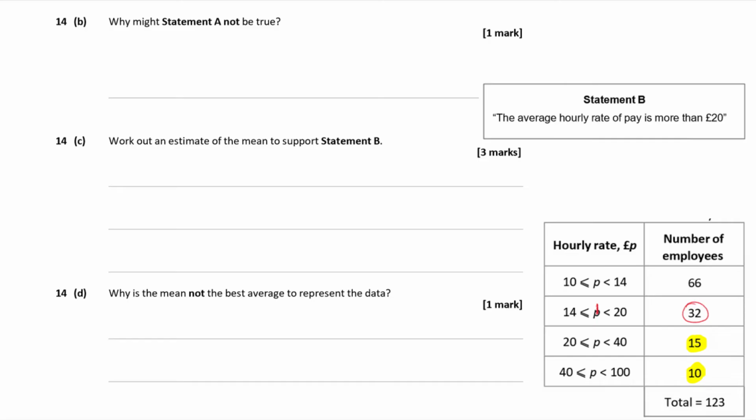Well, it might not be true. We assume that half of that group of 32 earned between 17 and 20 pounds, but they all might earn 15 pounds for all I know.